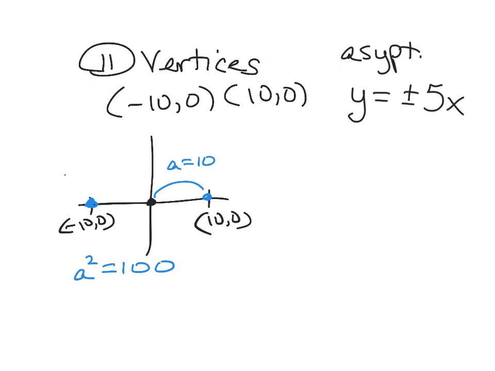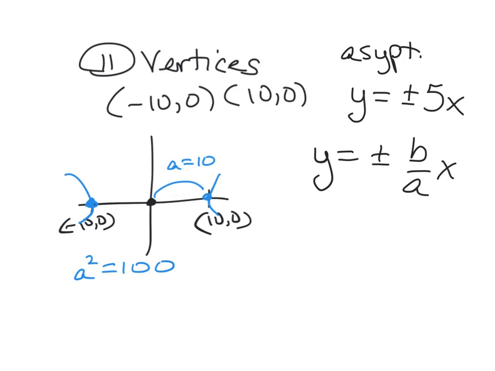You're going to memorize that when your hyperbola transverses the x-axis, the asymptote equation is y equals plus and minus b over a. So when it touches the x-axis or it's horizontal, the asymptote is b over a.